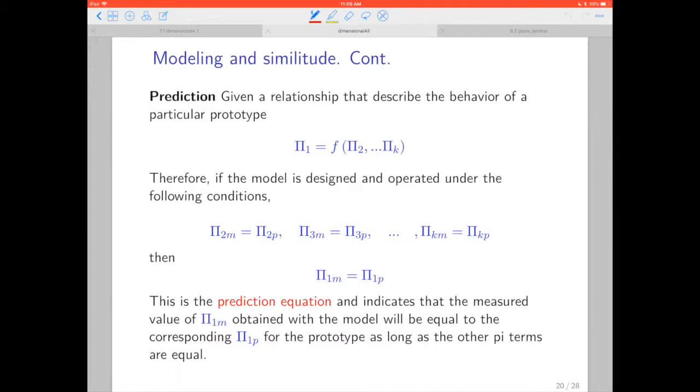Okay, so what is the prediction that we can do? We have k pi numbers, and this functional relationship, pi1 equal to a function of pi2 to pi k.